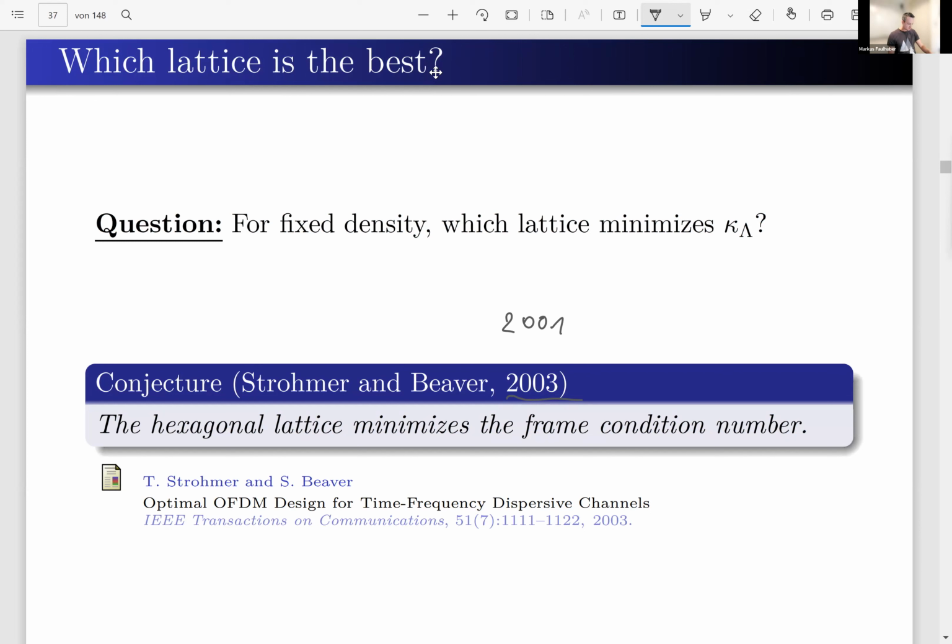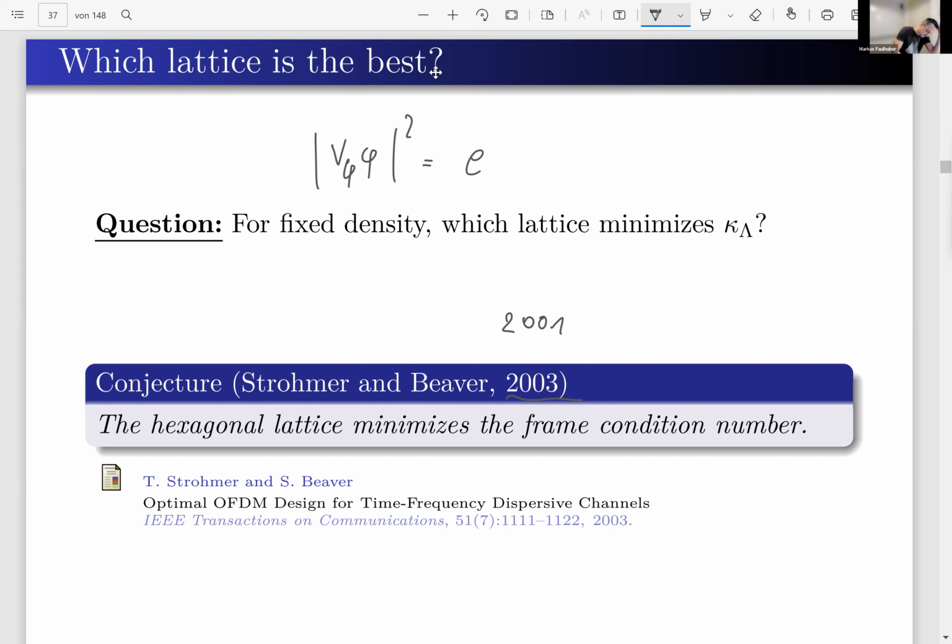And how did they come up with this? If you have a look at the frame inequality, instead of using V phi f absolute value squared for all f, you can just approximate your bounds by just having a look at V phi phi, or maybe a time-frequency shifted one.